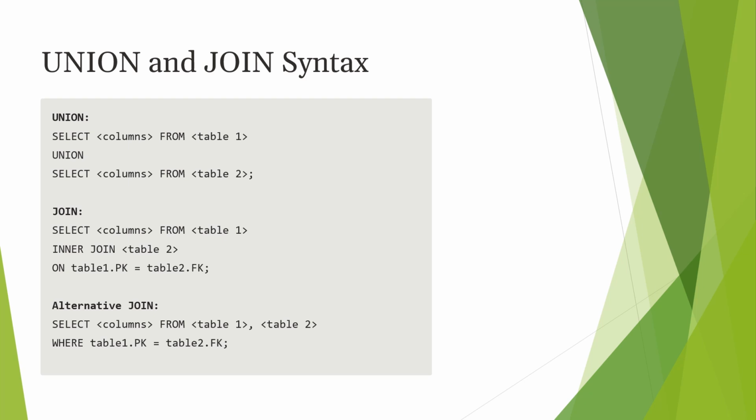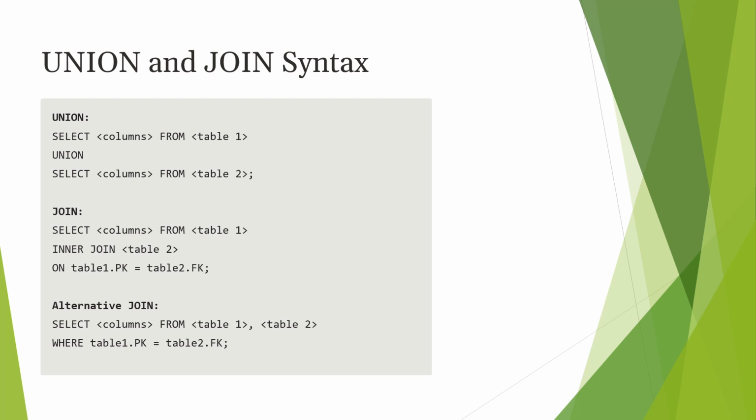Here we can see the detailed syntax. For example, for union, you select columns from table 1, and then union, select columns from table 2. And the syntax for join is: you select the columns, either from table 1 or table 2, and then inner join table 2, on the table 1 primary key and the table 2 foreign key, and link them together.